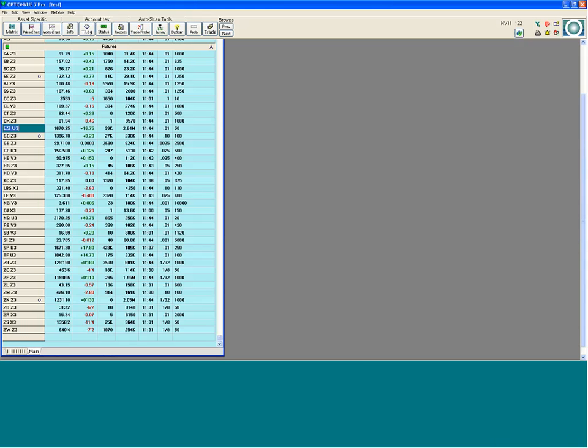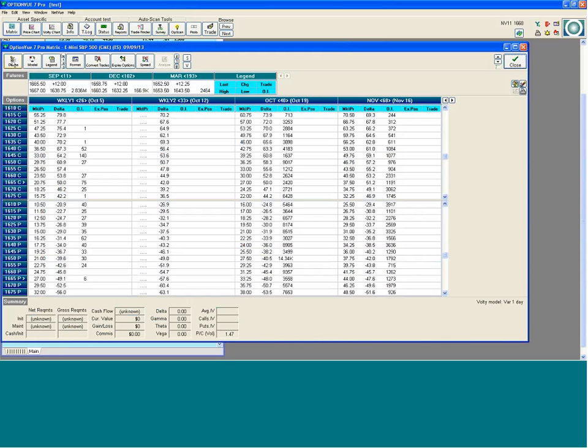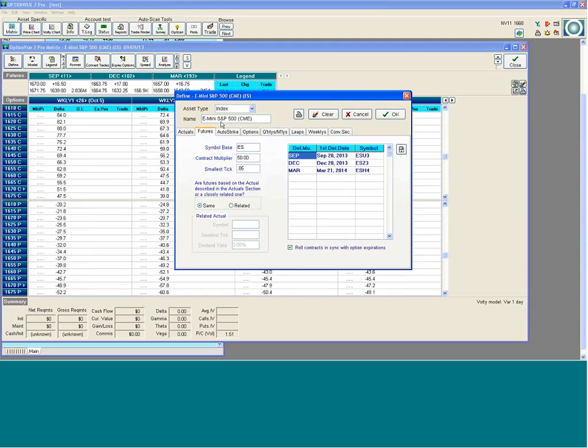If we go to the matrix, if we click the define button, and we go to futures, this E-mini S&P has a contract multiplier of $50.